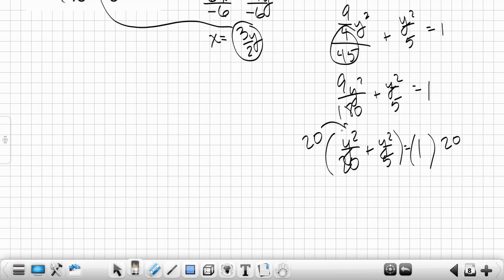If I distribute 20, 20 divided by 20 cancels. So that 20 will be gone. But I need to continue distributing. What's 20 divided by 5? 4. So I get 1y squared plus 4y squared equals 20.